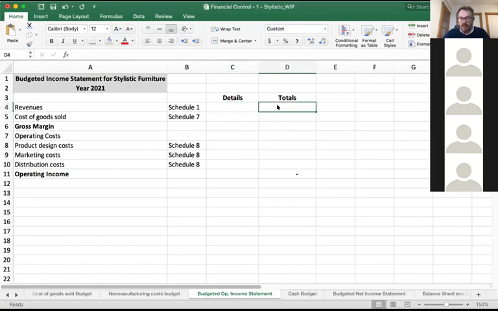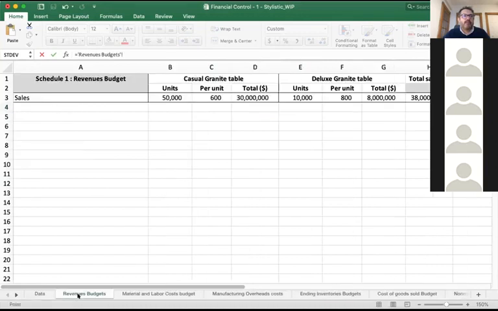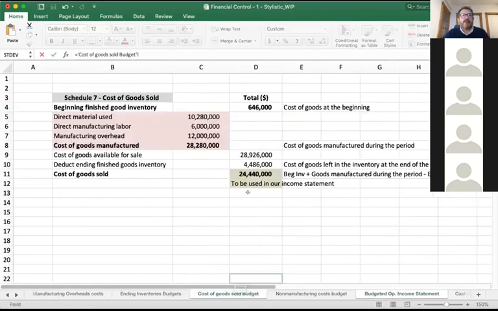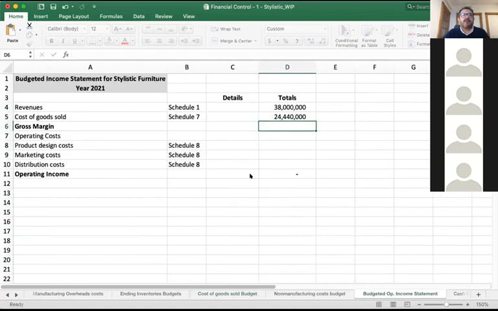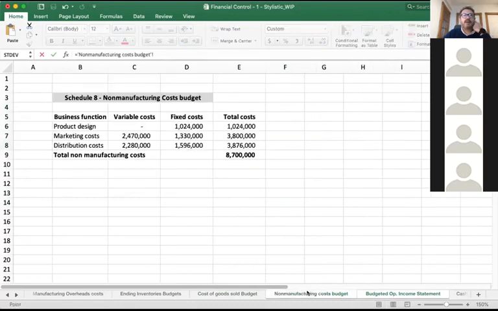Okay, so revenues, we have them from the revenue budget. Cost of goods sold, we have it from the Schedule 7. Okay, so the gross margin is the difference. What I did here is, so operating design cost.